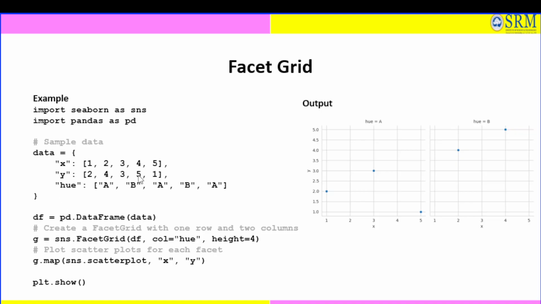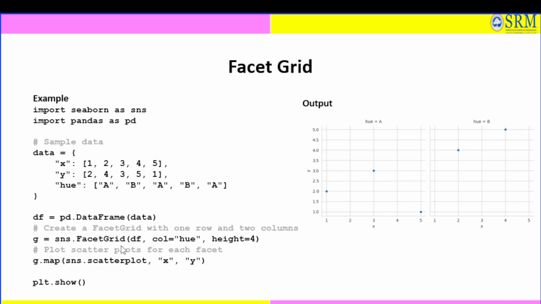So first we have given the input, which is x and y with the hue values a, b. And now we are going to create the data frame by calling the DataFrame method. Then once it is done, we are going to pass this data frame into the facet grid. So you are going to have one row and two columns.